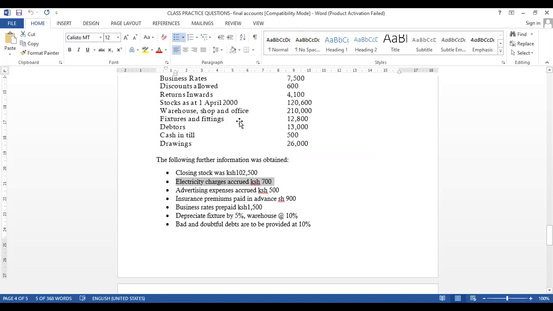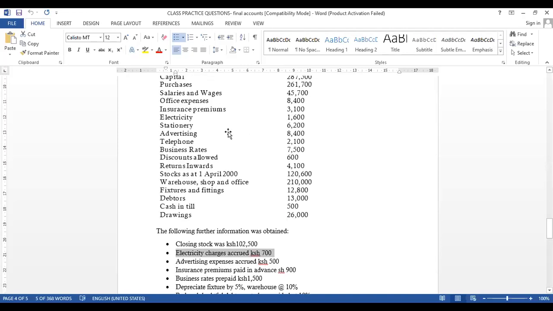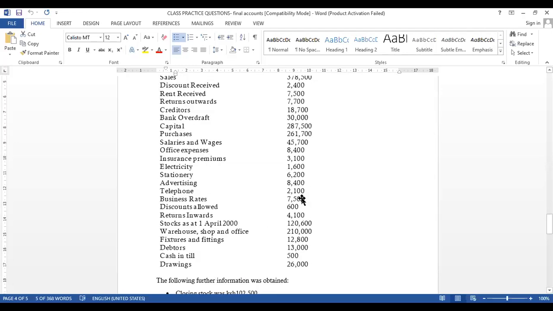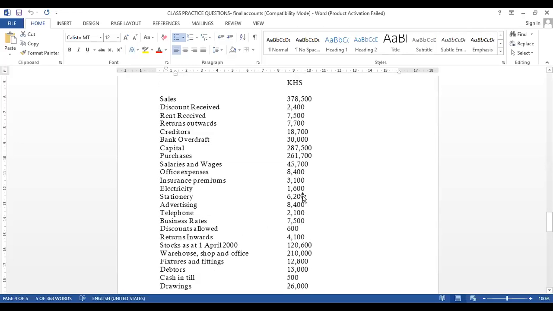There are some that will only affect the trading. There are some that will affect both the trading and the balance sheet. And there are others again that will only affect the balance sheet. And therefore, it is upon you as an accountant to establish what additional information affects your preparation of the trading profit and loss account and what will affect the balance sheet, right?